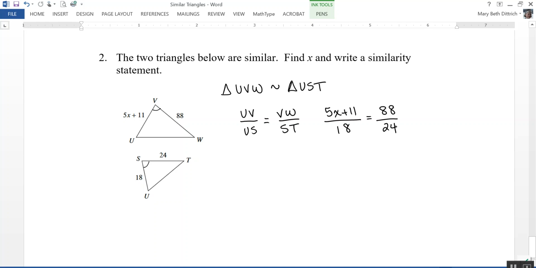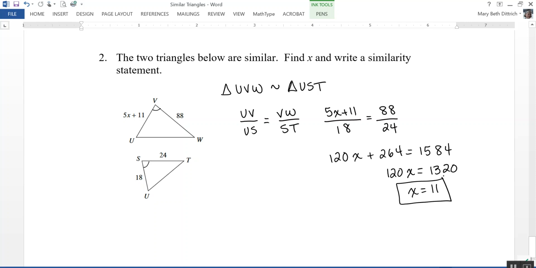Now, solving that with cross products, that's going to give me 120x plus 264 is equal to 1,584. And subtracting 264 on both sides gives me 120x is equal to 1320, or x is equal to 11.